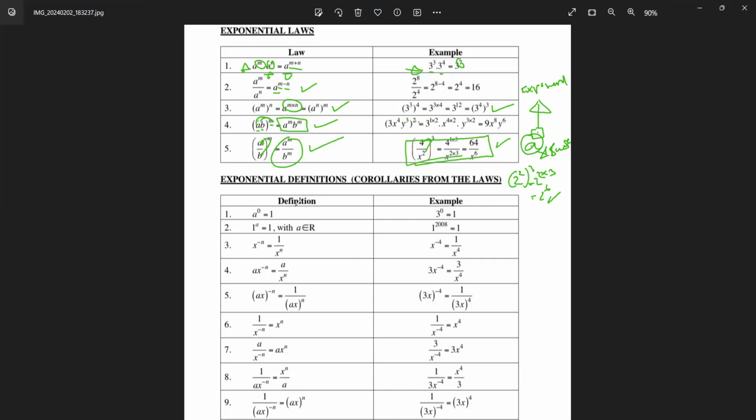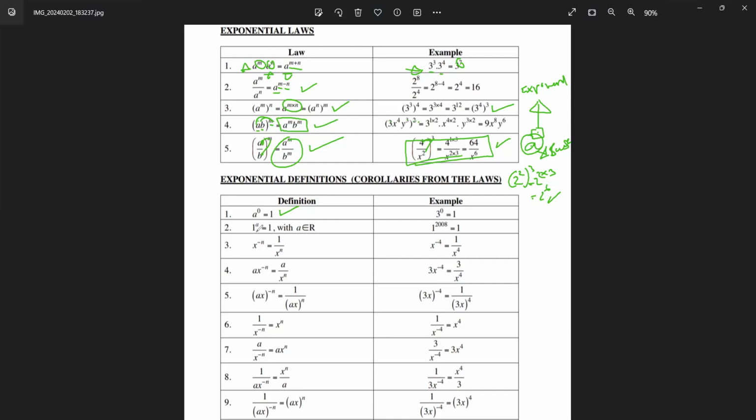Then the exponential definition states that if a is to the exponent of 0, we get 1. Any number to the exponent of 0, we get 1.